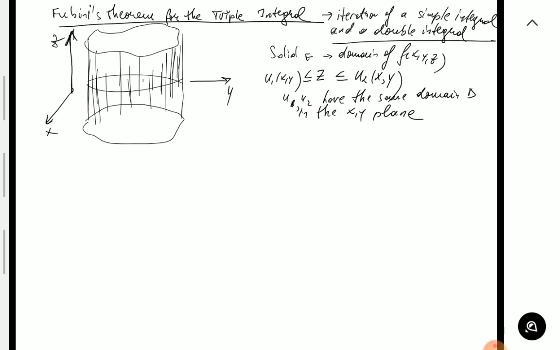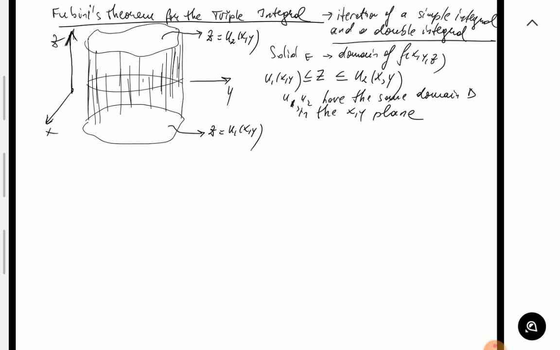Okay, so in this picture here, imagine that on the top, this is the surface represented by the equation z equals u2 of xy. The bottom is z equals u1 of xy. So you kind of see how this goes actually.